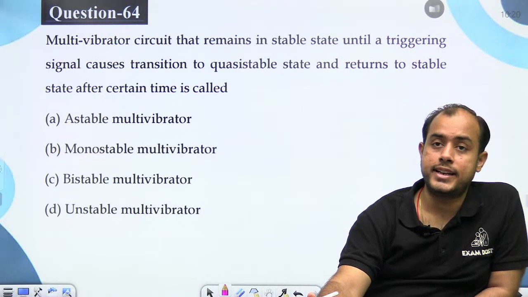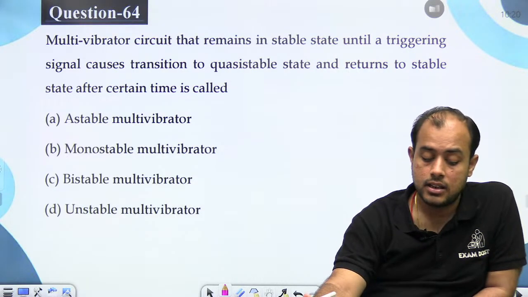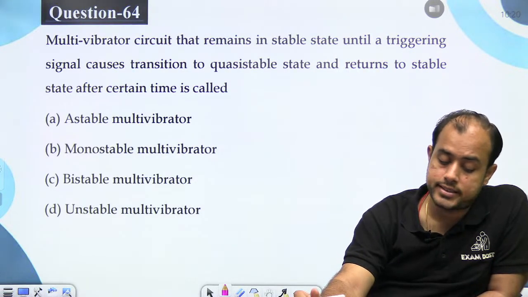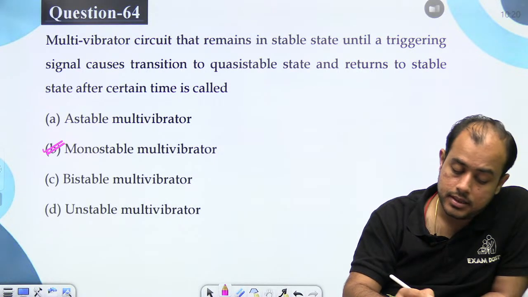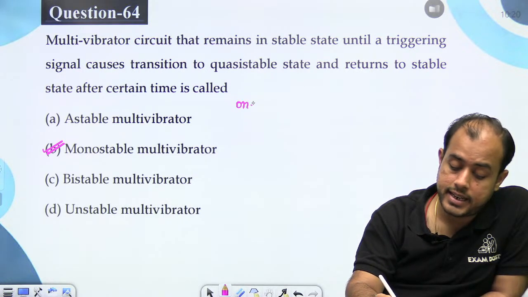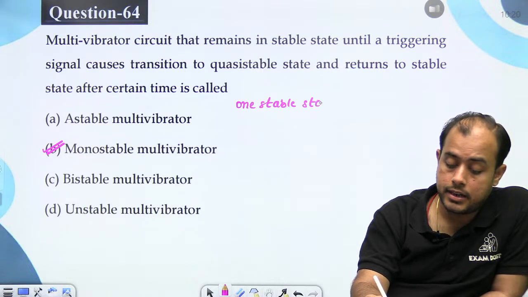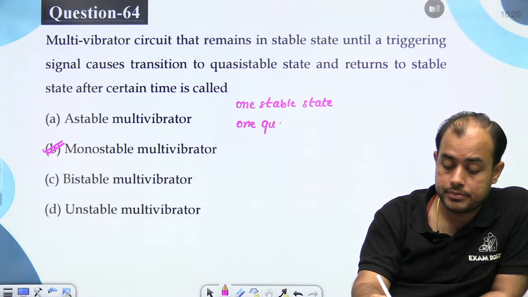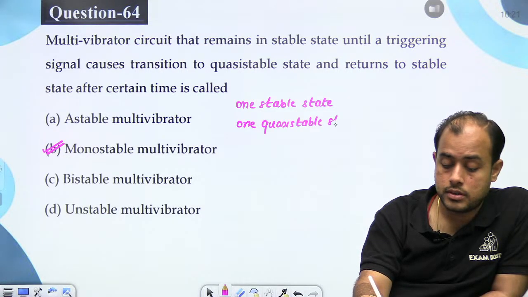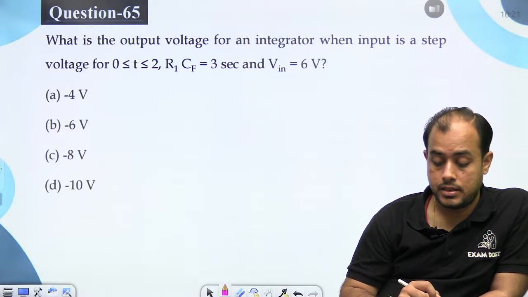Multivibrator, ESE 2020, that remains in stable state until a triggering signal causes transition to quasi-stable and then again returns to the stable. So one stable state and one quasi-stable state. Therefore, monostable multivibrator.